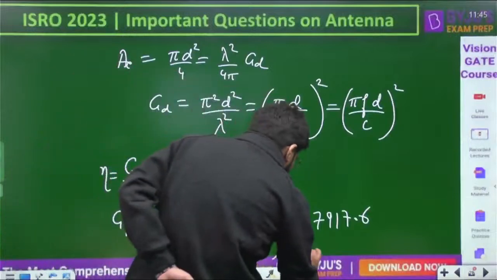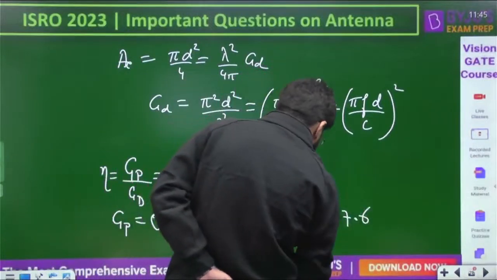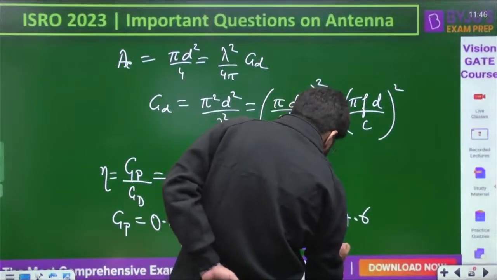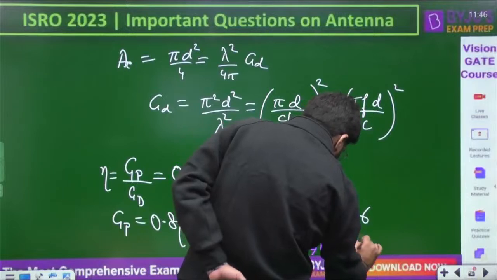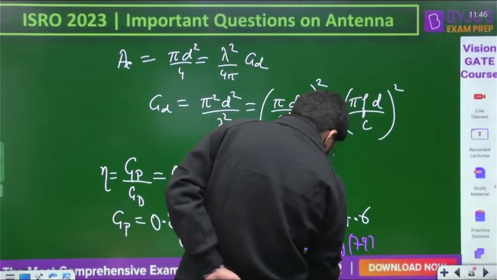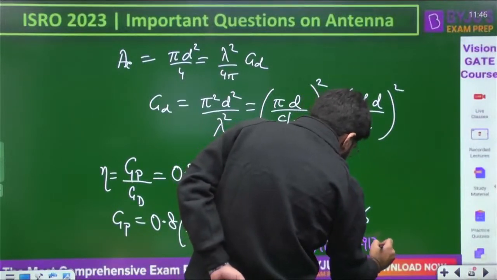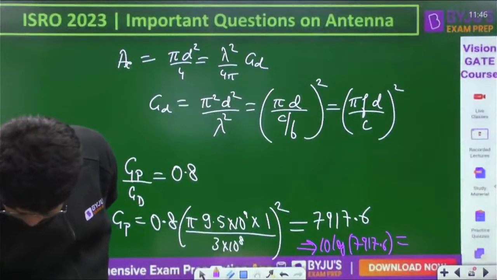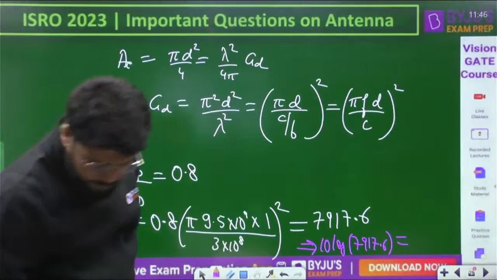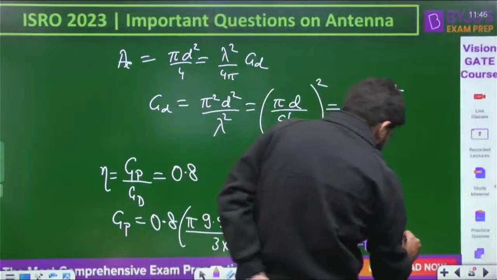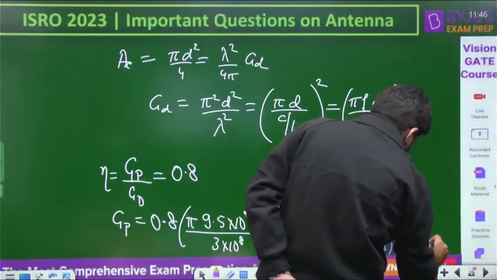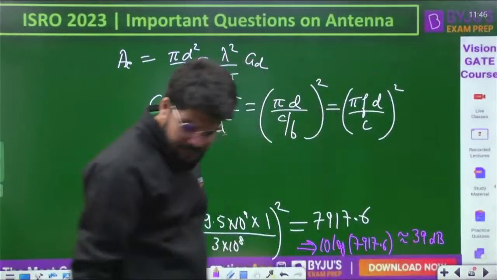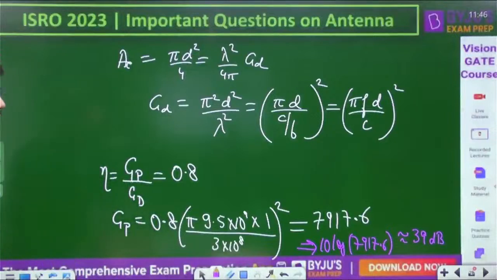So if you take the 10 log of this, in decibel, it is approximately turning out to be 38.9, about 39 dB. Am I right? Approximately check the value, 39 dB.